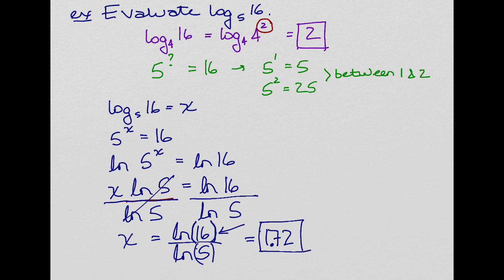Here's an interesting thing. Back up here, when I took the natural log on both sides, I could have used any base I want. If you want, you can use a common log, logarithm base 10, up here. And that means down at the bottom, I'm going to end up with x equals log base 10 of 16 divided by log base 10 of 5.